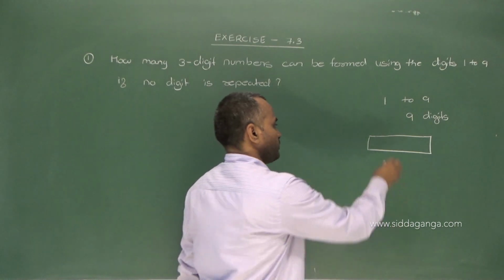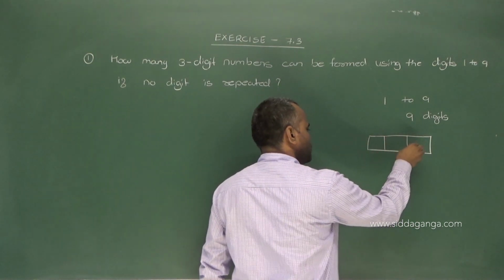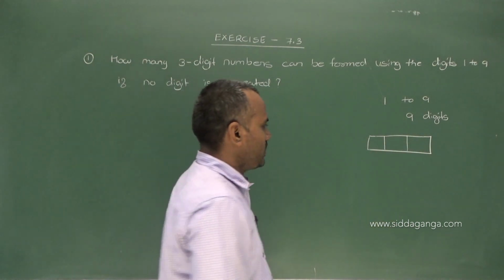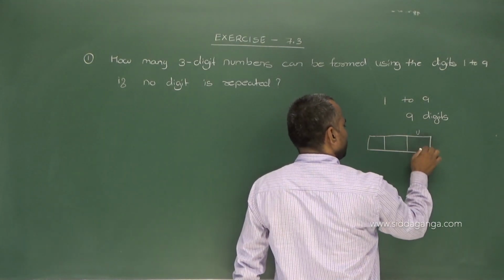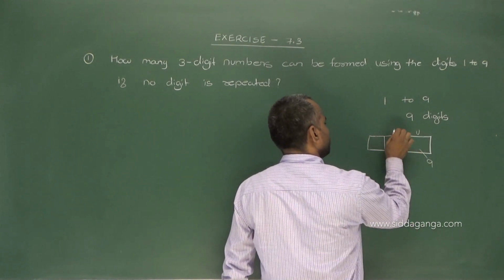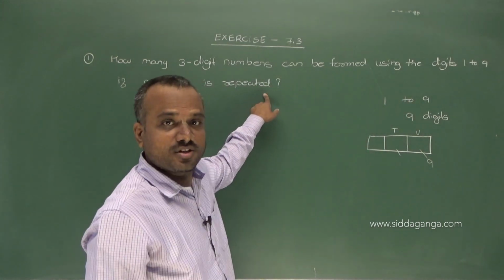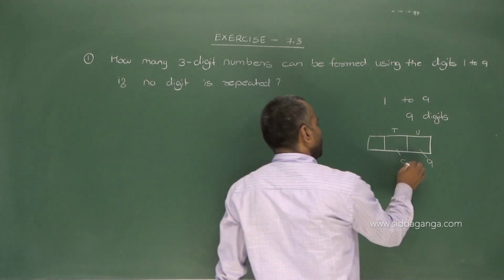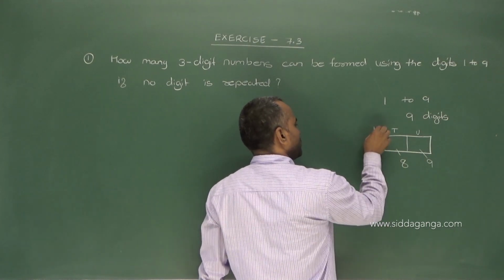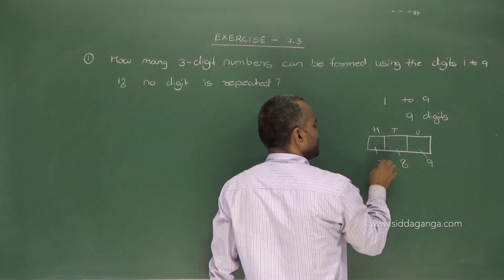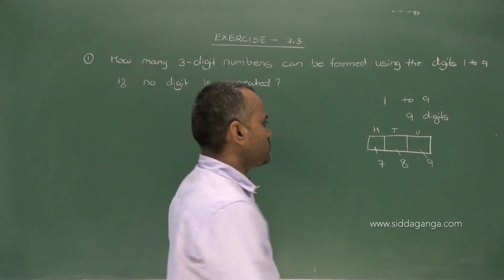We have to arrange 3 at a time. In the unit place, I can fill in how many ways? 9 ways. In the tens place, repetition of the digit is not allowed, so we can fill in how many ways? 8 ways. In the hundreds place, 7 ways.